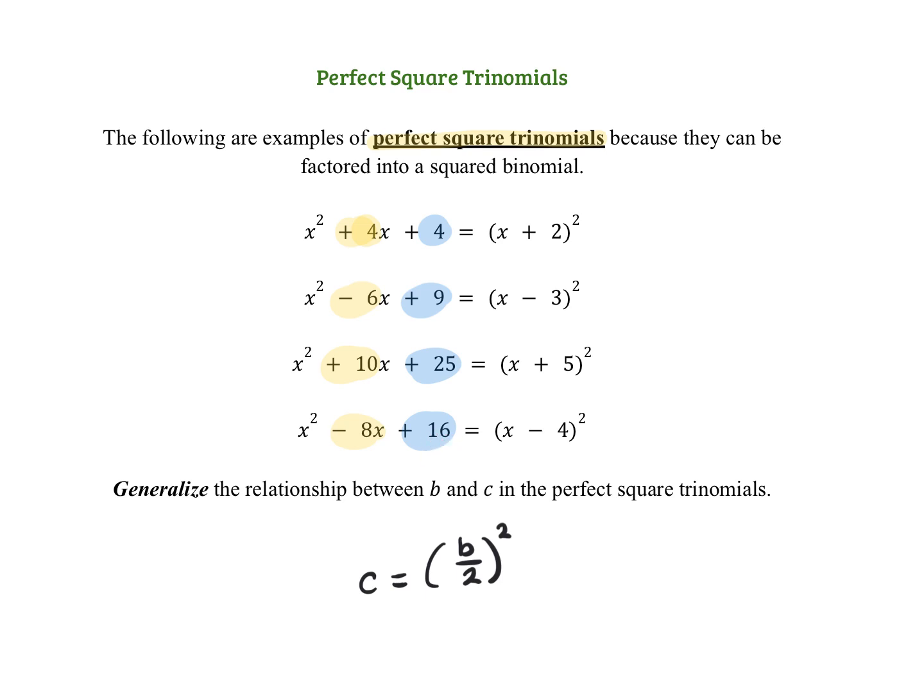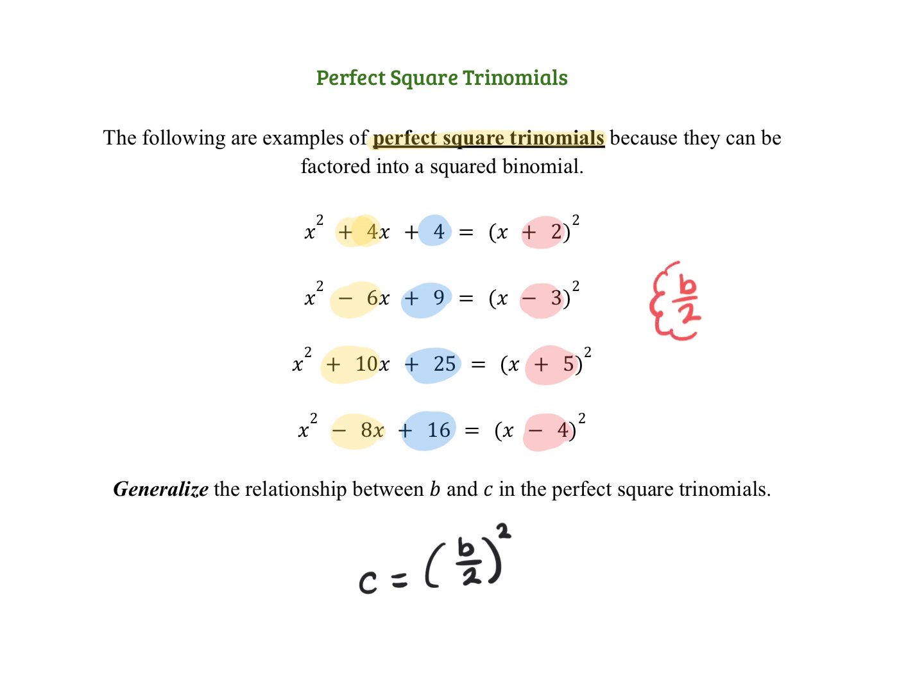Now, another thing I want you to notice is the relationship between these numbers and the number in your factor. Notice that all of these numbers here, positive 2, negative 3, positive 5, and negative 4, are just half of your b value.